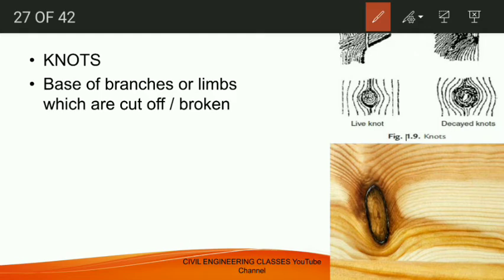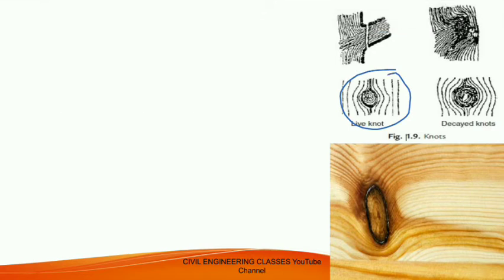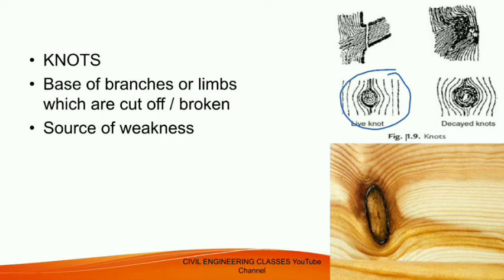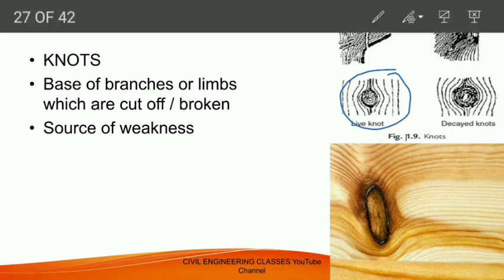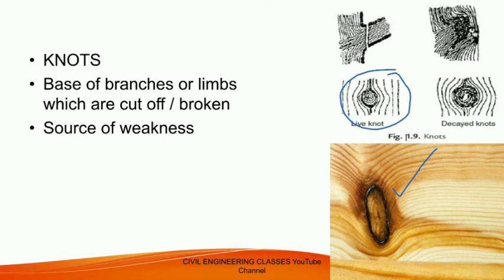Over time, they will change to dark, hard rings, something like this. Here, we have lost the continuation of the fiber, so they will act as a source of weakness. This is the exact figure of knots. You may have noticed it everywhere.